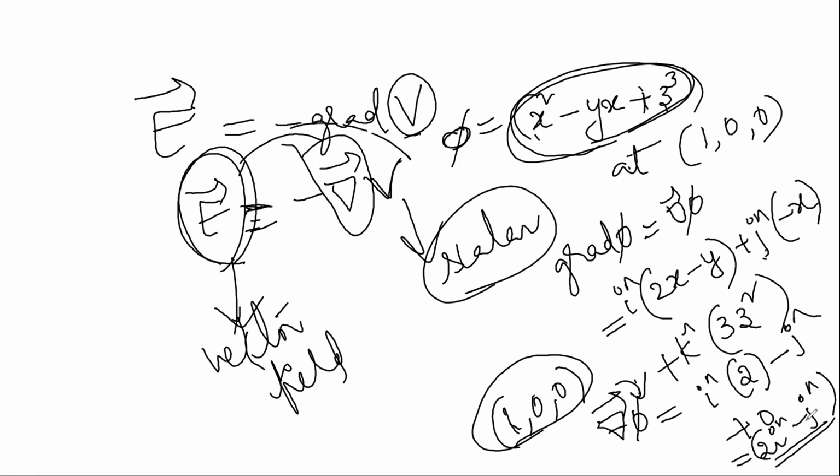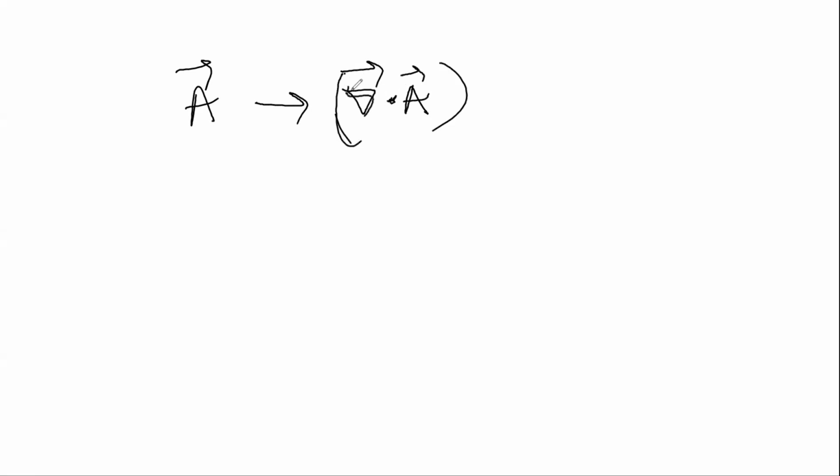Now let us go for the next concept, that is divergence. What is divergence of a vector field? For this purpose, consider a vector field A bar. Then the divergence is denoted as del dot A. This is the dot product between the del operator and vector A bar, which we have considered in a vector field.